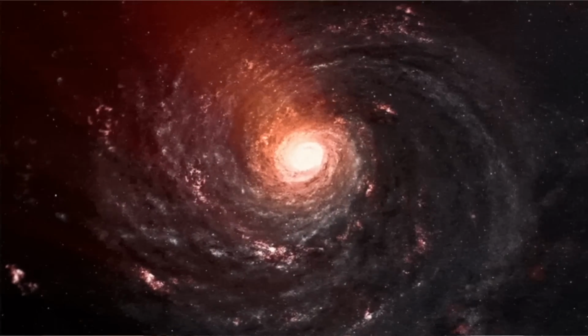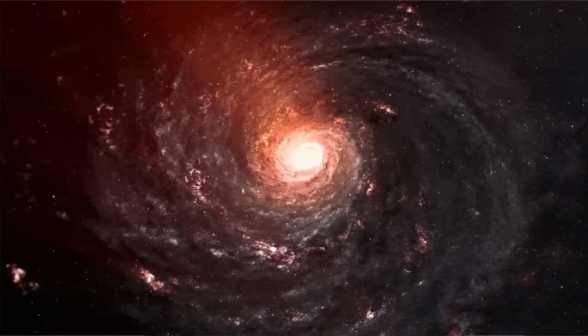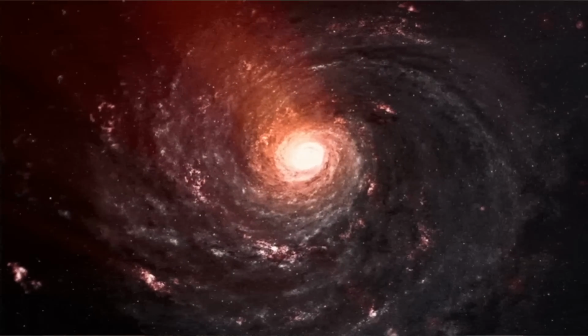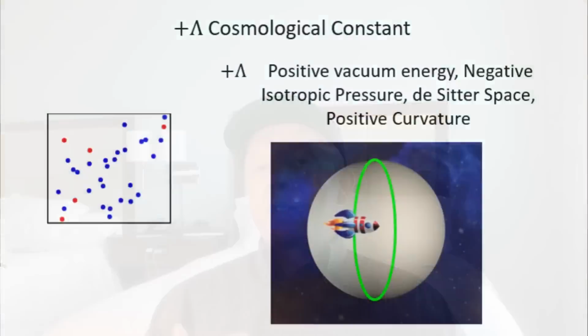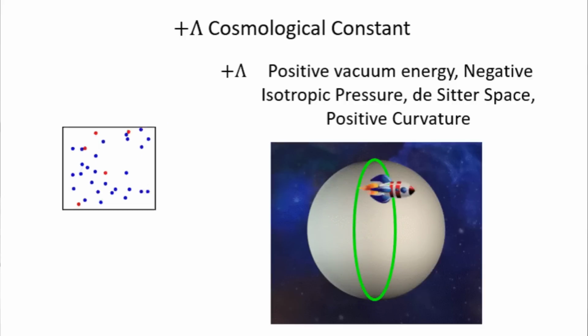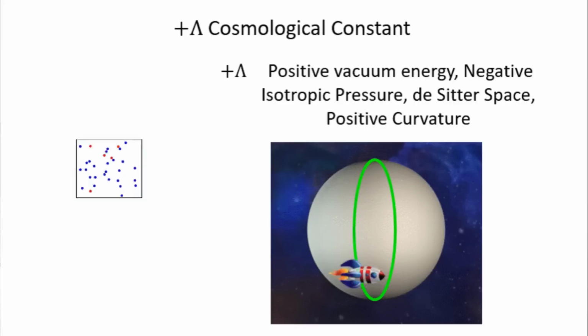Now, the cosmological constant was used by Einstein to come up with solutions that describe the expansion or contraction of the universe. If the cosmological constant is positive, this means that we live in a closed universe. One way we can tell if we live in a closed universe is that if we got in our rocket ship and zoomed all the way around, it's something like a sphere.